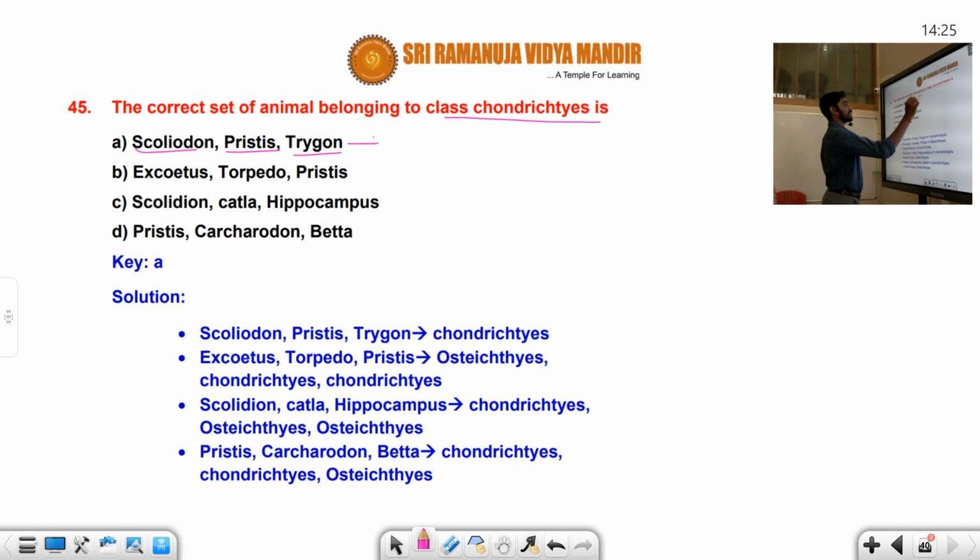Another one is Pristis, which is a Chondrichthyes, and Carcharodon belongs to Chondrichthyes, and Betta belongs to Osteichthyes. So they are asking about the correct set of animals belonging to the class Chondrichthyes, which is option A. So this is question 45, and the answer is A.